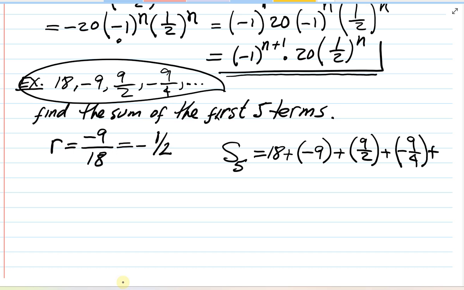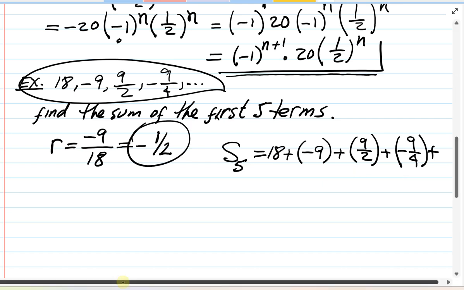Notice, by the way, as I go from one to the next, to the next, to the next, each time you multiply by negative 1/2. 18 times a half is 9. Negative makes it negative 9. 9 times 1/2, 9 halves, but it's negative, so it's going to make that positive. 9 halves times 1/2 is 9 fourths.